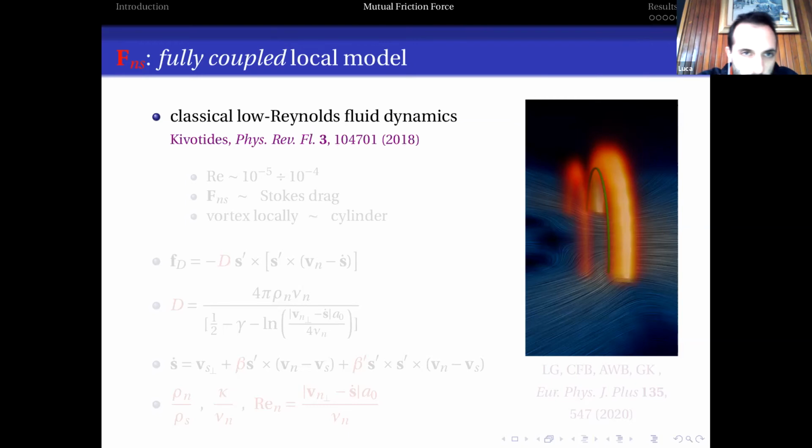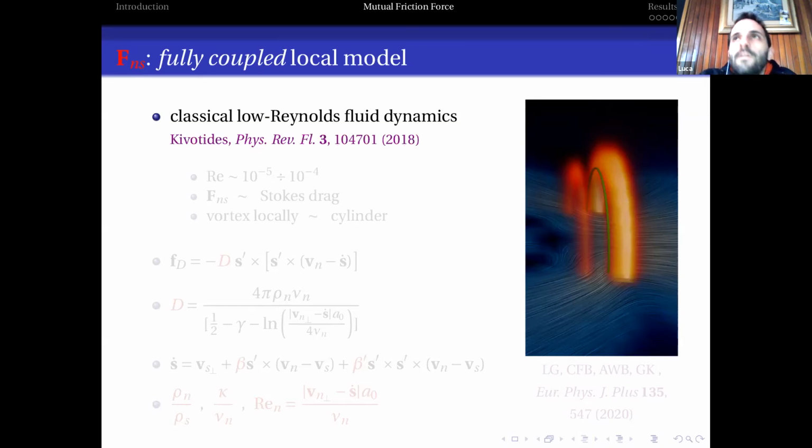So this was the state of the art till a couple of years ago, when Kyvotides formulated an alternative model to the fully coupled model described in the last slide. It is a model based on classical low-Reynolds fluid dynamics, and this approach stems from the following facts.